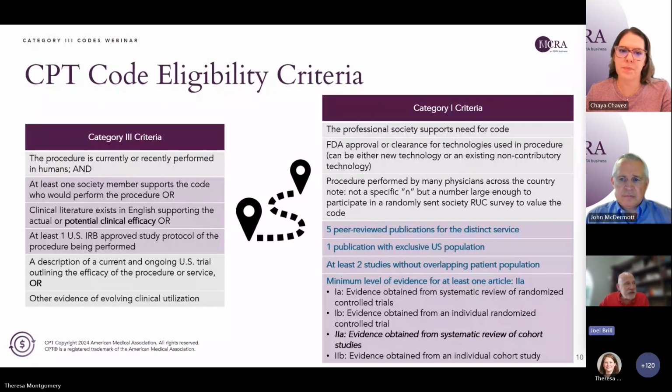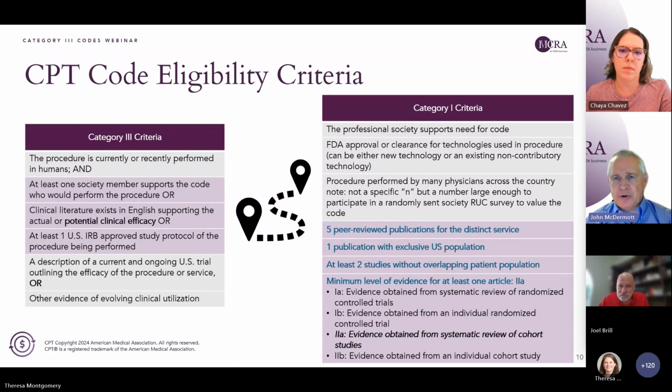Remember that unlike Category 3 codes, which do not go to the RUC, Category 1 codes, if successful, the surveys will be performed by the specialty society or societies, and industry does not have a role in that. They're not able to communicate with people about RUC surveys. So it's, again, crucially important to work with the specialty societies, especially as you're going for a Category 1 code.